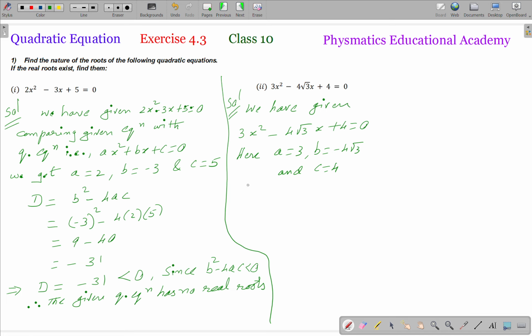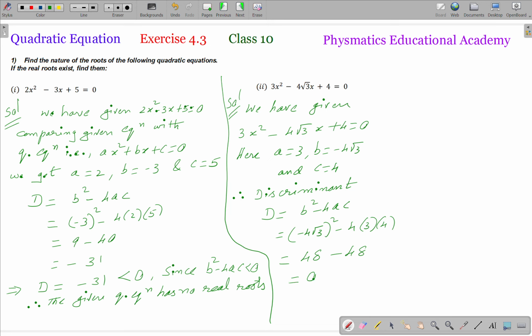Substituting for the discriminant, D is equal to b square minus 4ac, that is minus 4 root 3 whole square minus 4 into 3 into 4, that is equal to 48 minus 48, that is equal to 0.